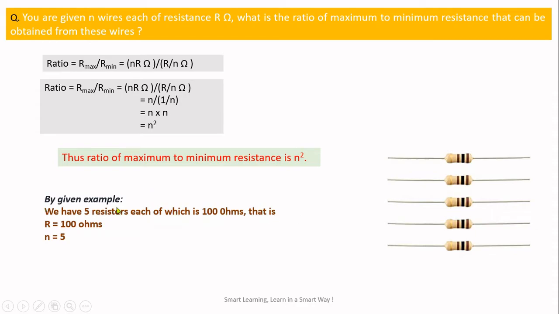By the given example, we have 5 resistors, each of resistance 100 ohms, and we have to connect them in series as well as in parallel combination to get maximum and minimum resistance respectively. So here R is equal to 100 ohms and n is equal to 5.